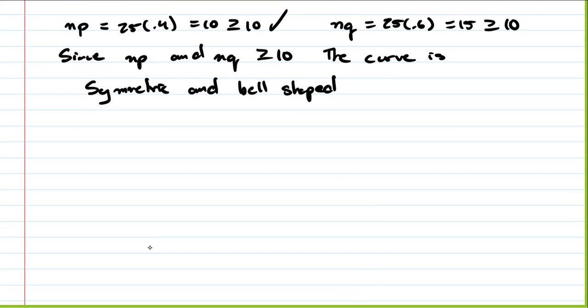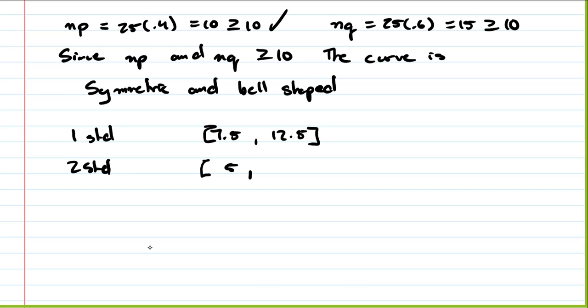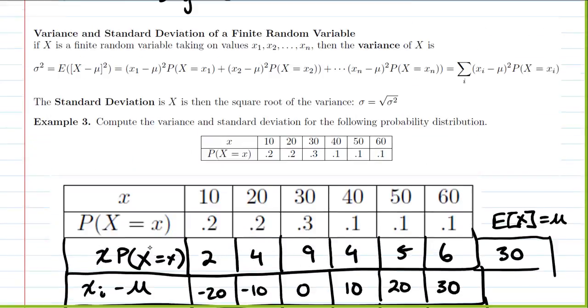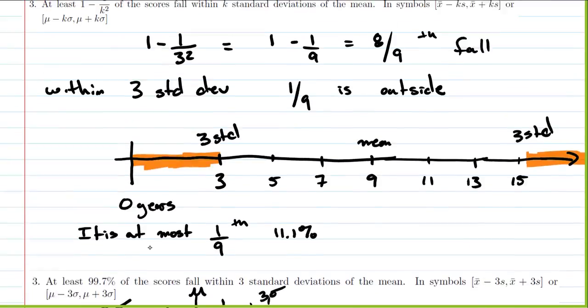So that gives us the intervals 10 minus 2.5, so 7.5 to 12.5, and then 2 standard deviations would be 5 to 15, 3 standard deviations would be 2.5 to 17.5. We actually don't need that many because what's our rule for the bell curve?